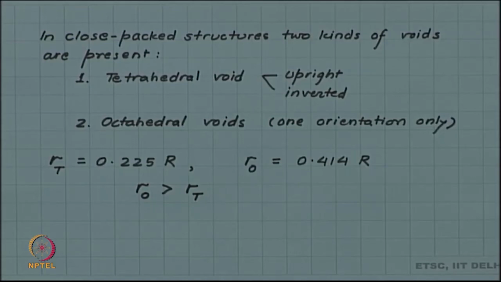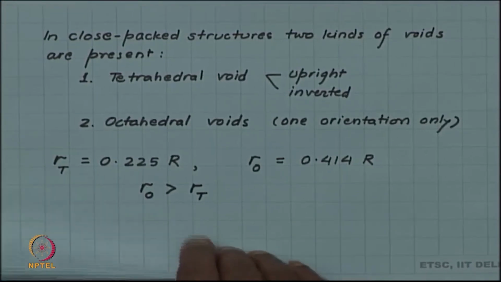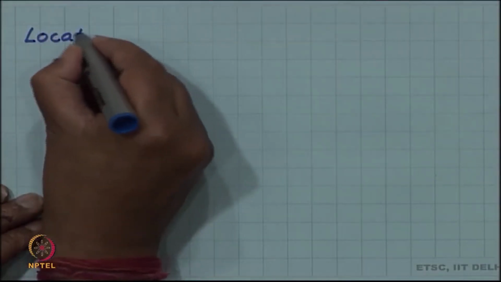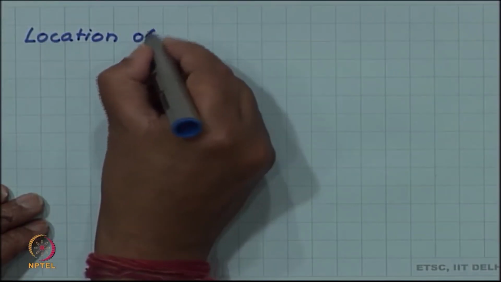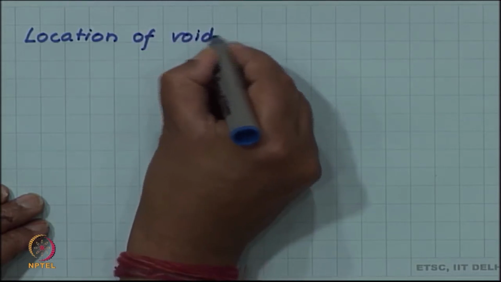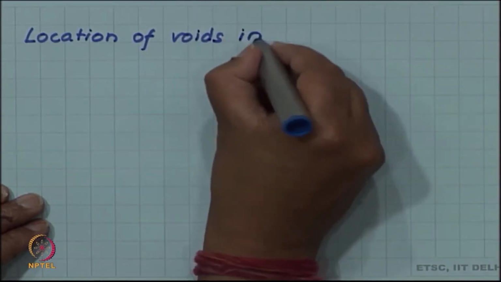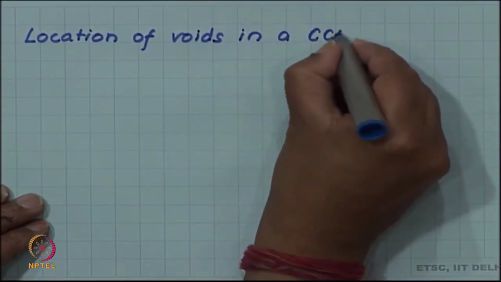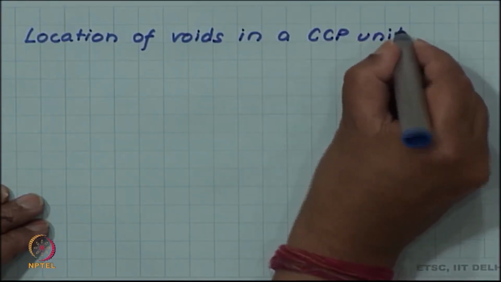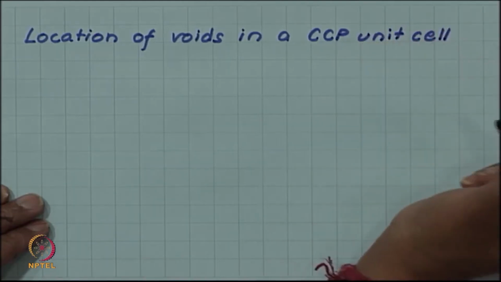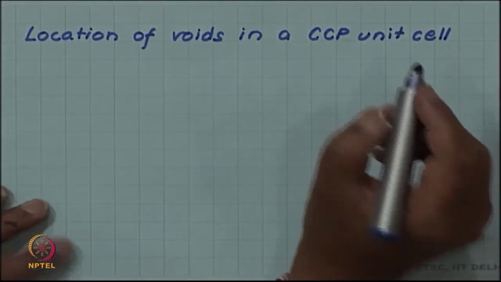Let us continue the discussion on the voids by seeing where these voids are located in the unit cell of CCP and HCP. So, location of voids inside a CCP unit cell.